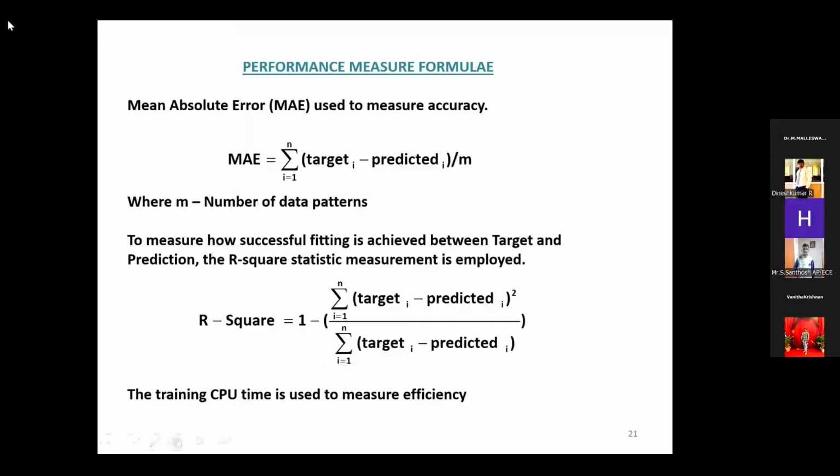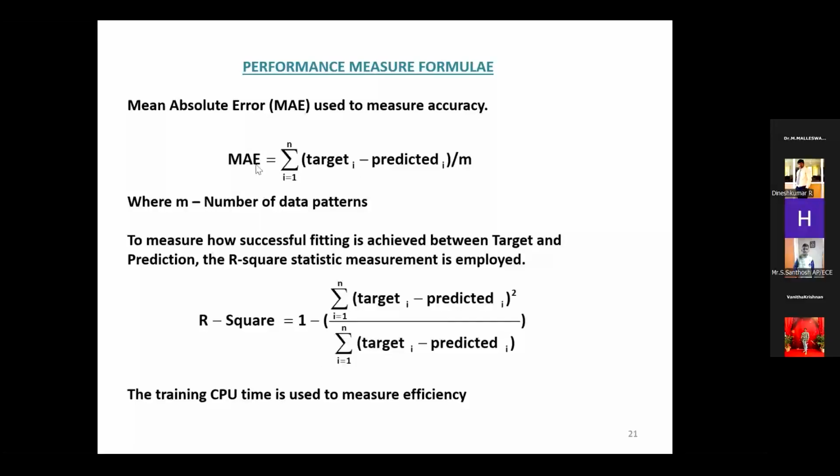That is equal to the summation over i of 1 to n of target minus predicted, divided by n, where n is the number of data patterns. How many data patterns are you going to give? That is considered as the average. For example, if I take 200 GPS values, then n is 200.